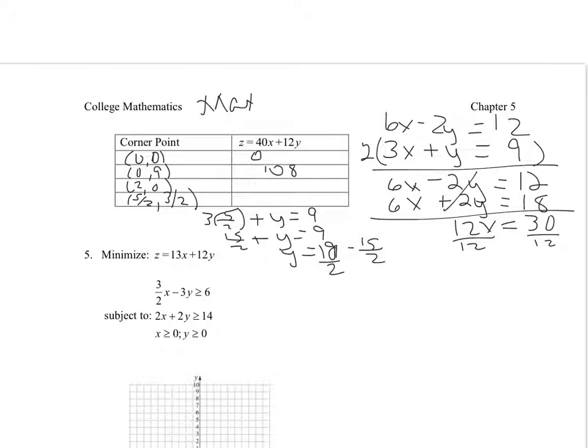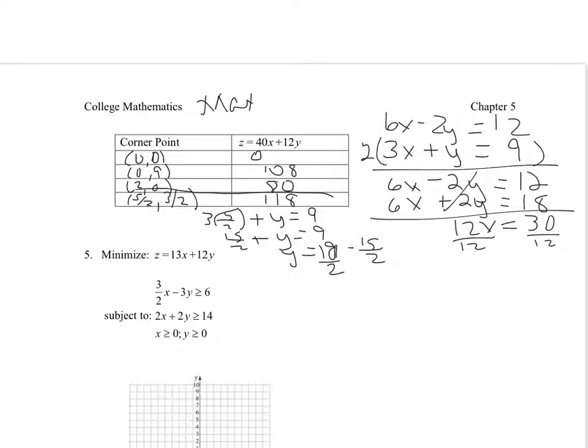I don't have much space here, so I'm going to let you work that out yourself and verify. That's 108. If I plug in 2 for x, 0 for y, I come up with a value of 80. And if I plug in 5/2 for x and 3/2 for y, work carefully, you end up with 118.